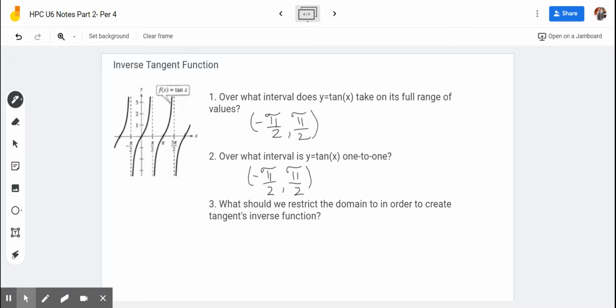What should we restrict the domain to in order to create the tangent inverse function?